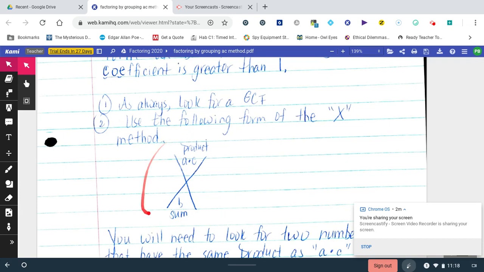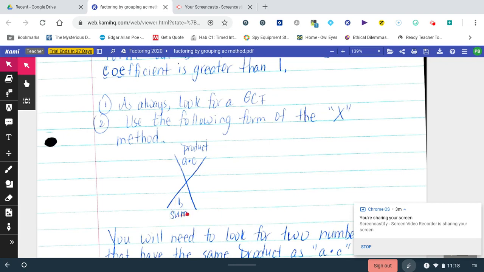Okay, notice this x method right here is very different from the one we did in the previous lesson. In the previous lesson, the top of the x only was a c. In this lesson, you're going to have a times c, and you're saying, well, what is a? Remember, a was the leading coefficient. So you're going to multiply your leading coefficient by your constant and put that product in the top.